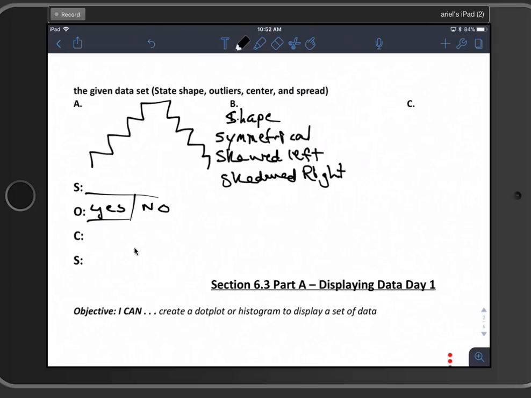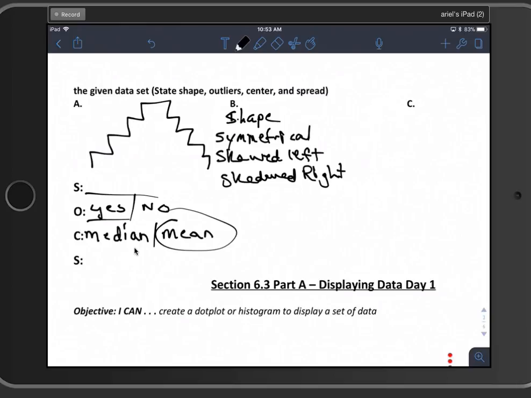You don't even actually have to find it. In fact, on the test, I'm probably going to write median or mean, and you just have to circle which one this one is. And since it's symmetrical, we get the mean.